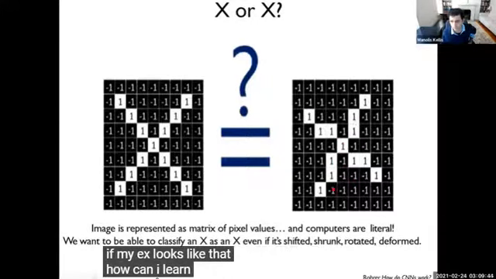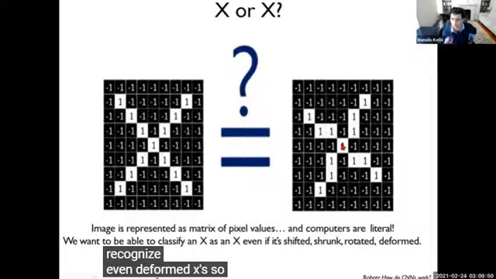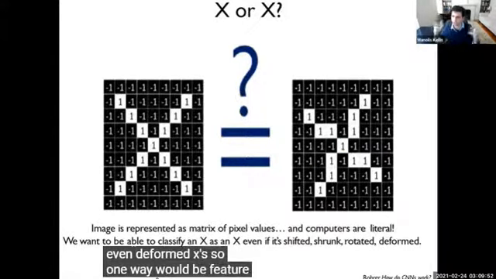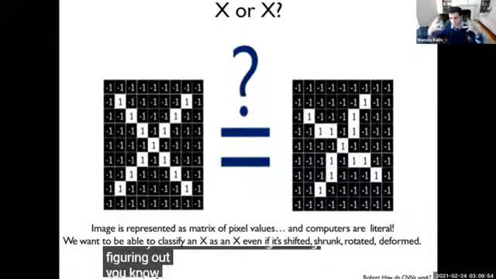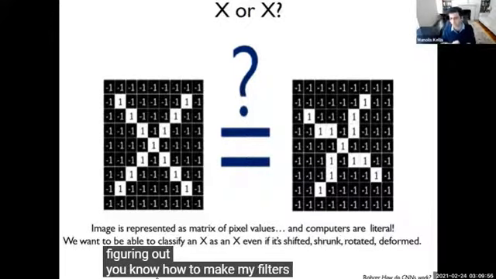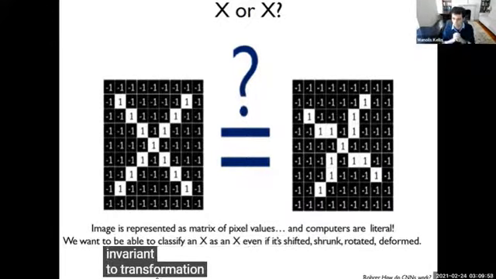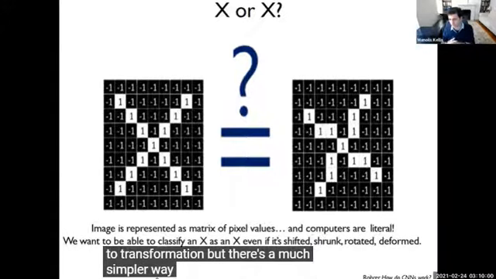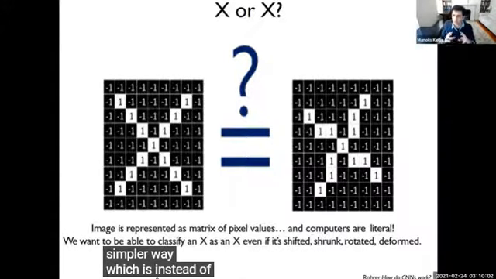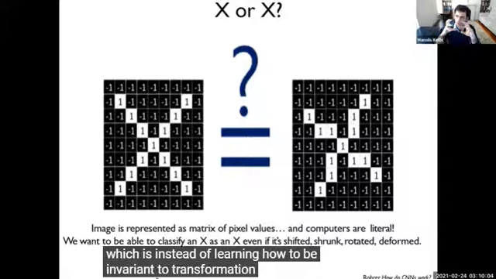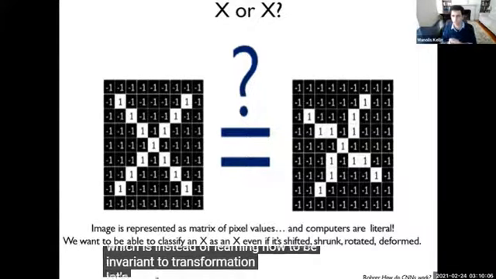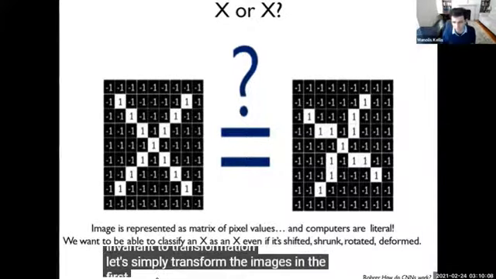How can I learn a filter that will recognize even deformed X's? One way would be feature engineering, figuring out how to make my filters invariant to transformation. But there's a much simpler way, which is, instead of learning how to be invariant to transformation, let's simply transform the images in the first place.